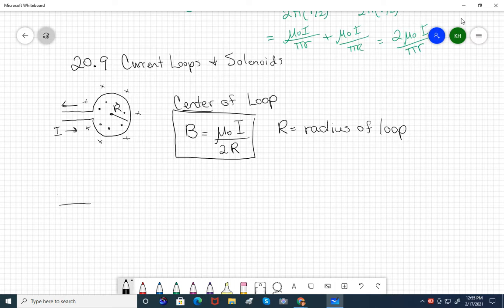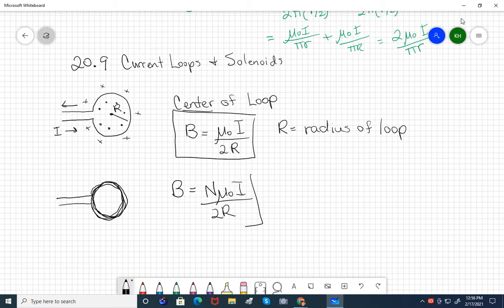We often have a situation where we have a coil. And a coil is made out of lots and lots and lots of loops. In this case, the magnetic field at the center is just N times mu naught I over 2 r. N is equal to the number of loops, or they're often called turns. It's how many times you wrap that wire around something.